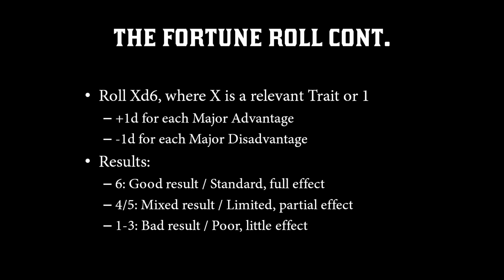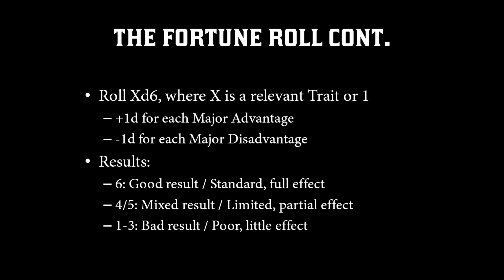It's kind of similar in a way to the standard roll structure in Apocalypse World games. And in fact, if you really wanted to, you could run Blades in the Dark entirely on the basis of using fortune rolls. You could skip the action roll entirely and just use the fortune roll to decide what happens in the game, right?